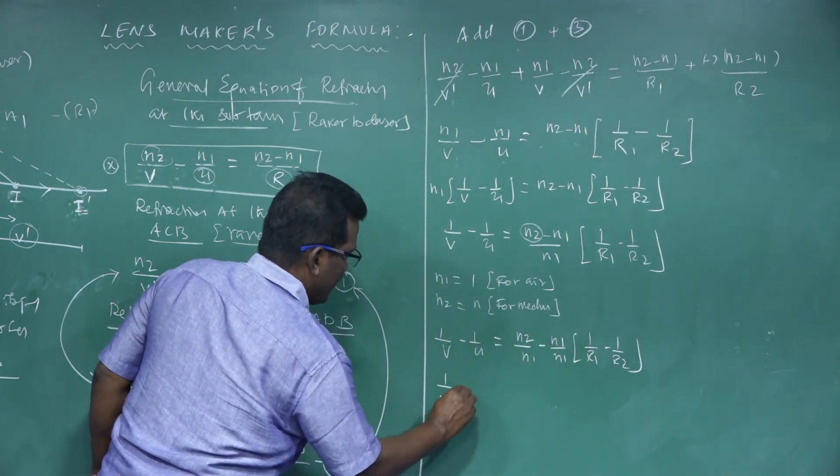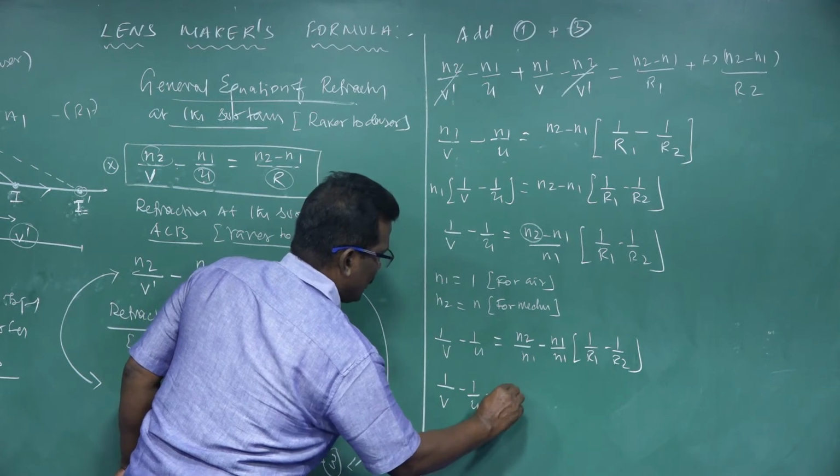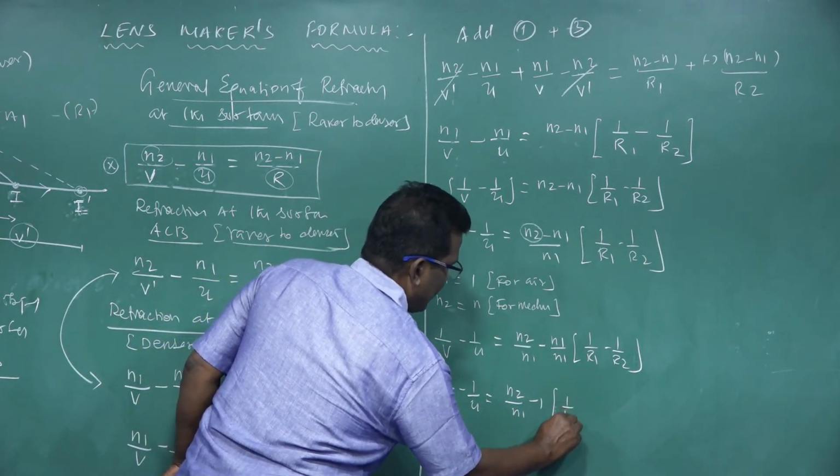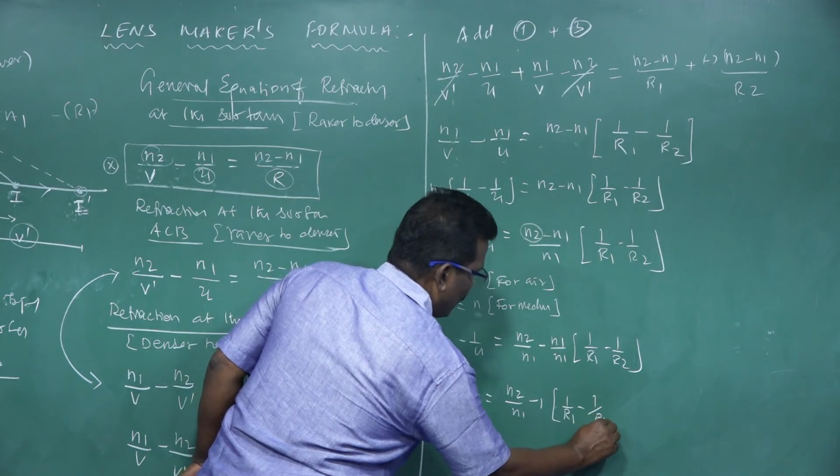So 1 by v minus 1 by u is equal to (n2 by n1 minus 1) times (1 by r1 minus 1 by r2).